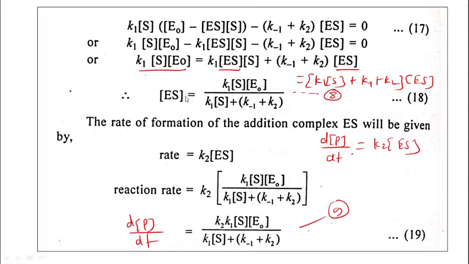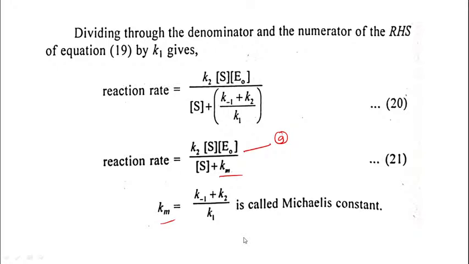This step is very important, and we have to substitute that concentration of the ES here, and write the reaction rate. We can simplify this by dividing the numerator and denominator by K1, and we introduce the Michaelis-Menten constant. So this is the rate equation. The rate of formation of the product with respect to time becomes equal to this.